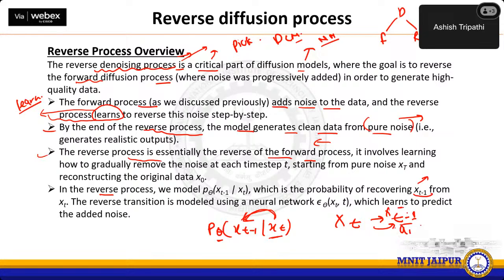If we are able to know the quantity of noise, then we can predict the image in the previous step. So x of t minus 1 naturally will be x of t minus alpha 1, where alpha 1 is the quantity of noise that we have added. We need to have a model which can do this.